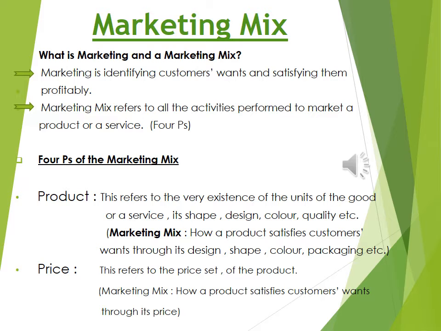Actually, first, customers' needs and wants are identified according to what the product is made, and the product satisfies them profitably. This is how and why a customer gets attracted towards a certain product. So that is what is equivalent to marketing.